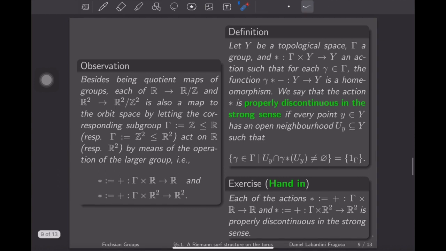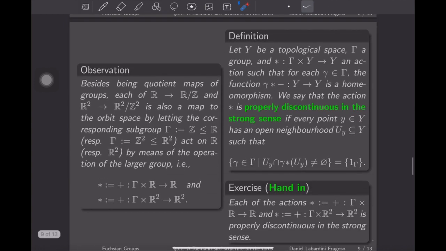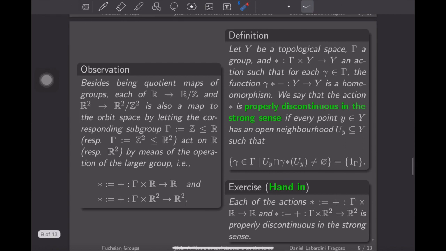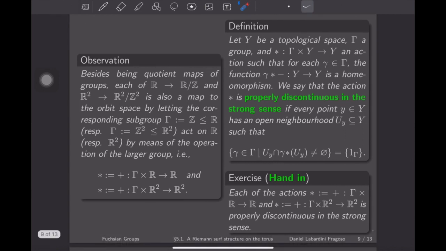The point is that these ones are also orbit spaces, and it's easy to see that in these two examples. So Z acts on R by means of the operation of R, which is plus, which is translation.